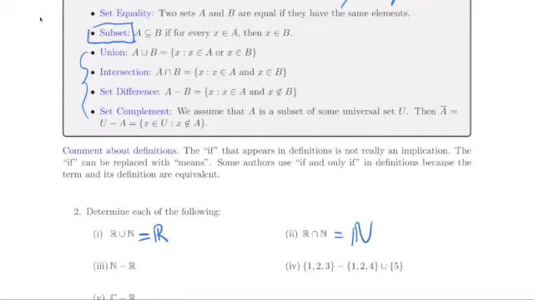And if we take the natural numbers and subtract out the real numbers, what would we get here? That's right. That would leave nothing left, since every natural number is a real number. So if we subtract all of them out, we have nothing left.